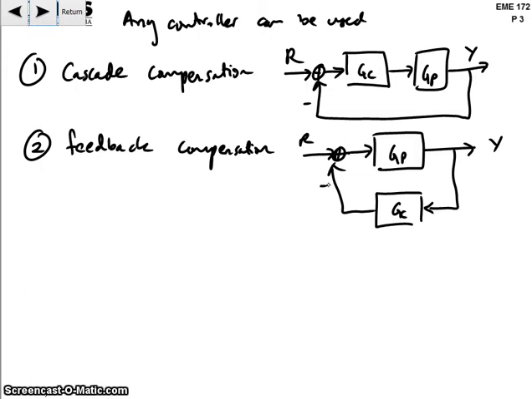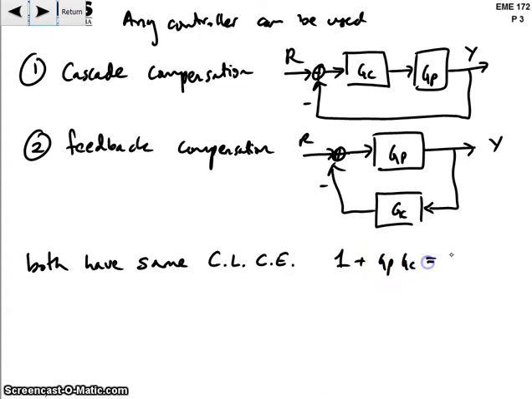It turns out that they have the same closed loop characteristic equation. So the poles are the same. Both have the same closed loop characteristic equation, which is going to be 1 plus GP GC equals 0. So therefore they have the same poles, but the zeros will be different.